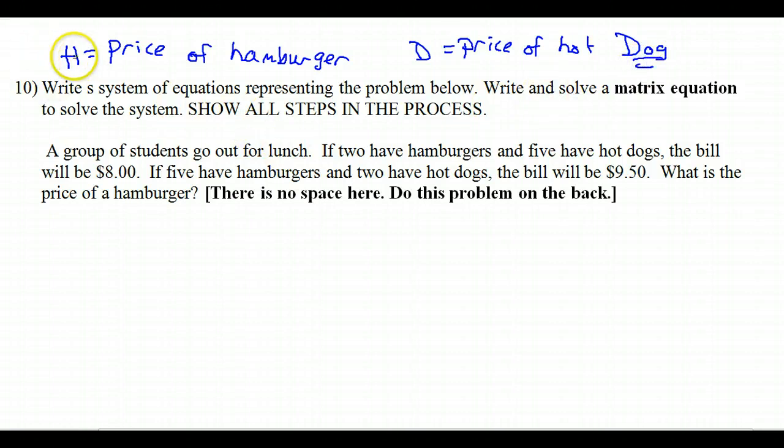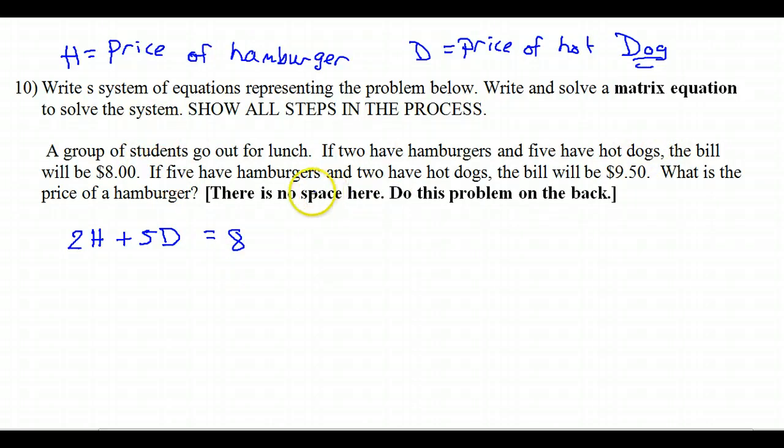So hamburger and a dog. Let's see, what do we have here? 2 have hamburgers, so that's 2H. 5 have hot dogs, so that's plus 5D. The bill was $8 in that case.